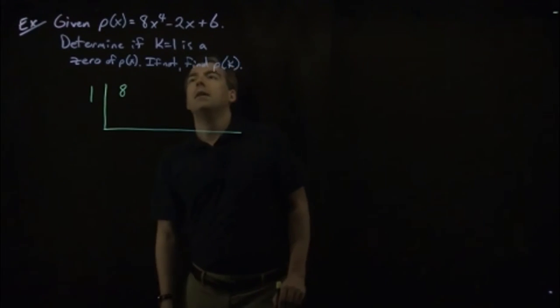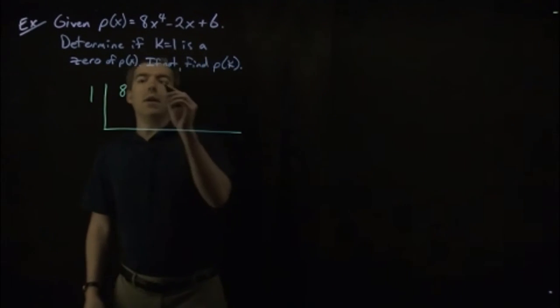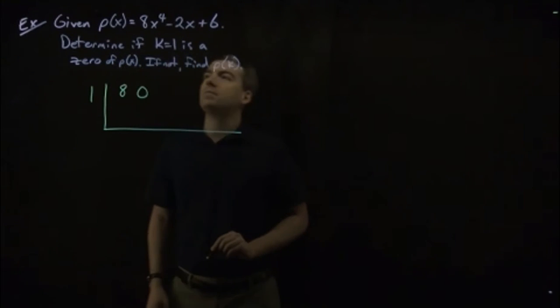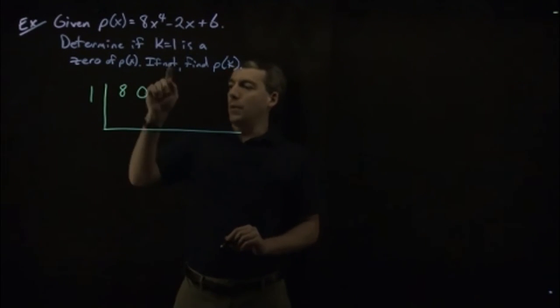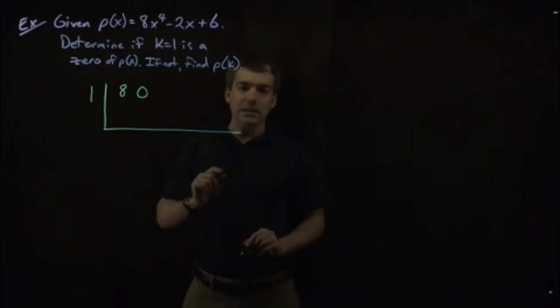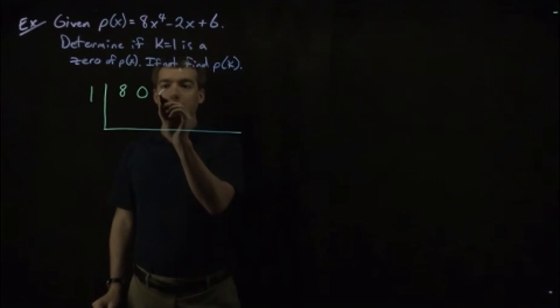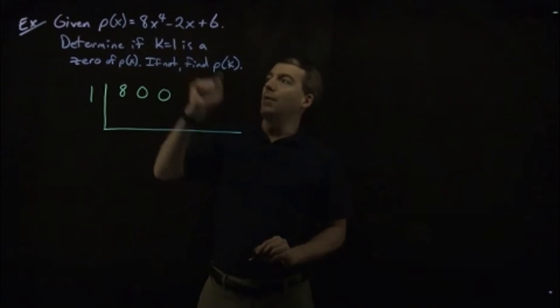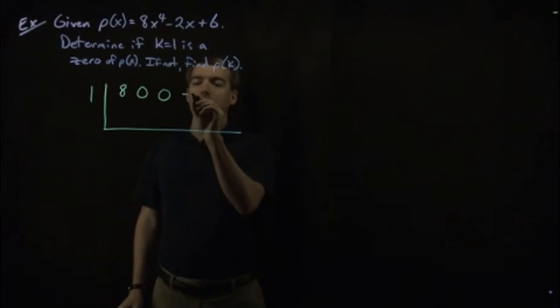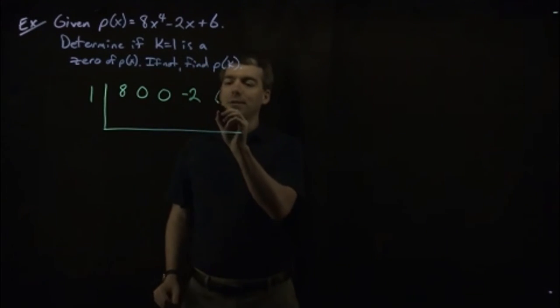There is none, so we'll include a 0. Then we go to the x squared term. There is still no x squared term, so we'll put in another 0. We've got a -2 on the linear term, and then 6 is the constant term.